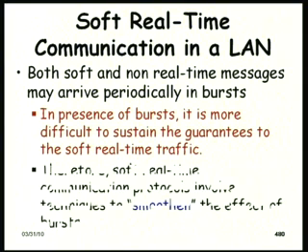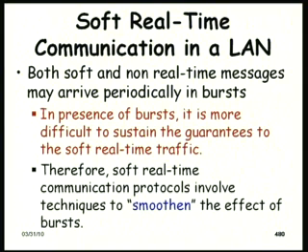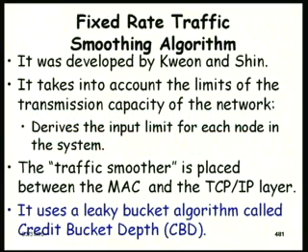So, there can be misses for soft real time traffic, and the way that it works is by smoothing the effect of the burst, just like we had seen with the leaky bucket. Similar things happen here. One of the popular techniques is by Sin et al.